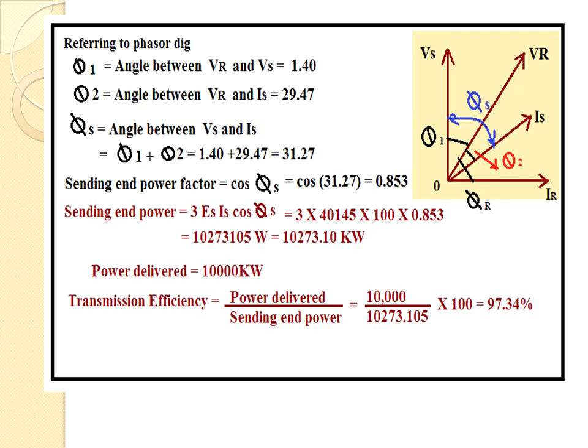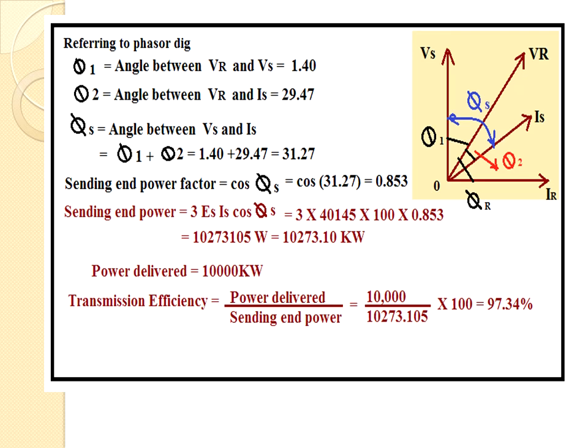Once you are getting the sending end power factor, then you can go for sending end power, 3 times ES into IS into cos phi S. Calculate sending end power. Already power delivered is given, that is receiving end power. Then you go for transmission efficiency.